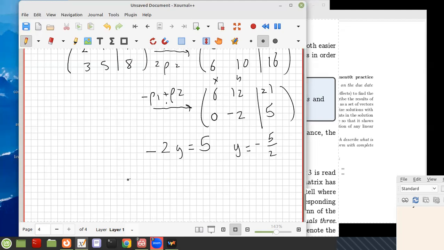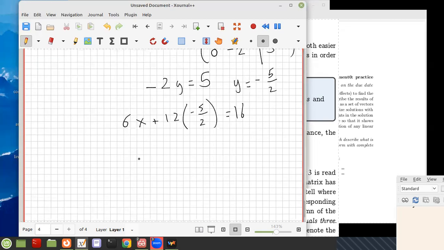Then the first equation is 6x plus 12y, which is minus 5/2, equals 16. And then that's going to become 6x plus minus 30, right? Because 12 over 2 is 6, and 6 times 5 is 30. Equals 16. And then 6x equals 16 plus 30 equals 46.